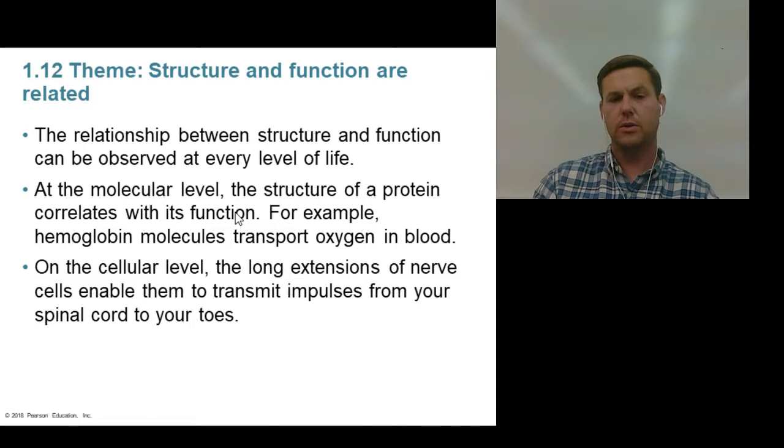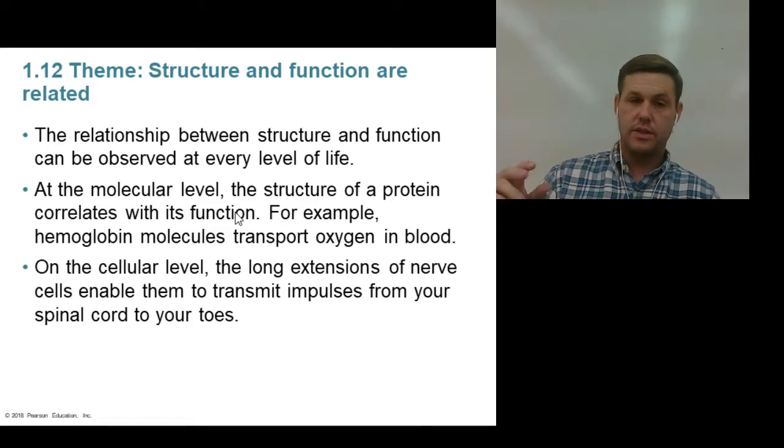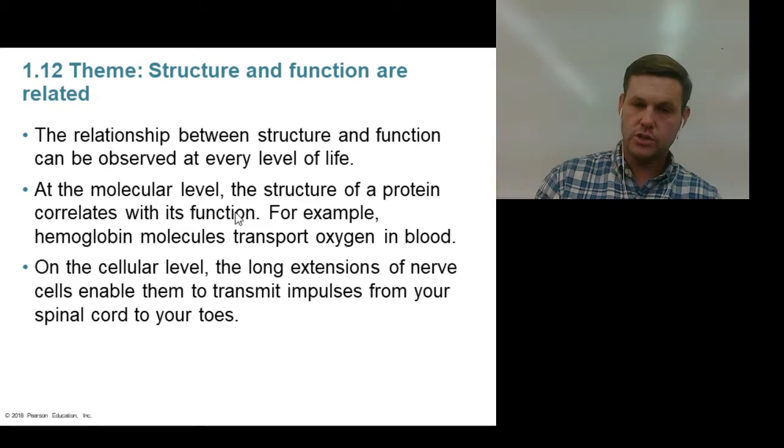On the cellular level, the long extensions of nerve cells enable them to transmit impulses from your spinal cord to your toes. It's the structure of these nerve cells that takes the information from the brain, from the brain stem, and allows voluntary control of your toes.